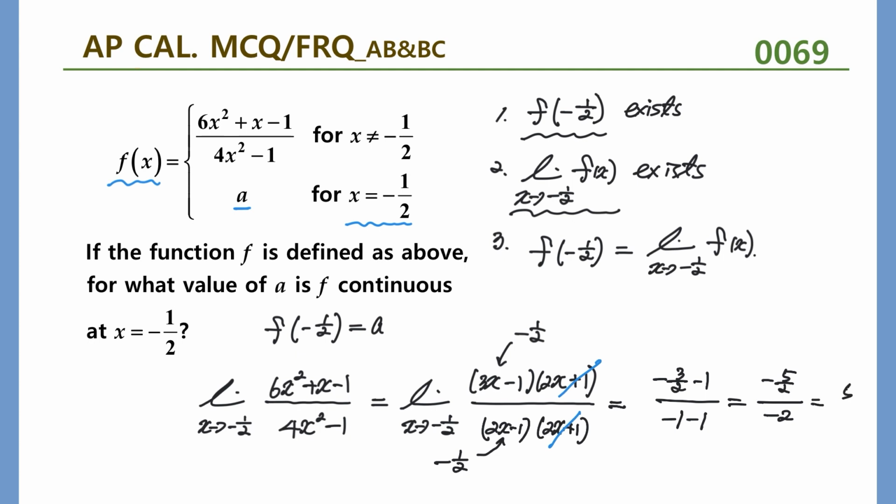So this is going to be 5/4, right? So this function is continuous when this function value is equal to this limit value, right? This limit value is 5/4. So when a is equal to 5/4, then the function f is continuous at x equal to -1/2.